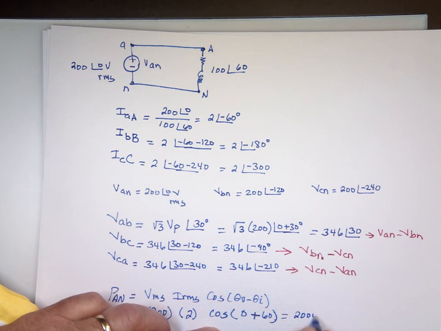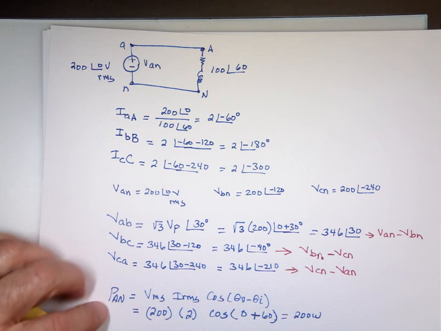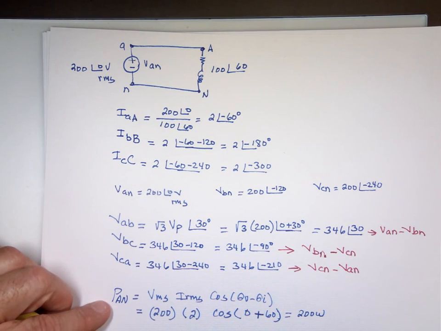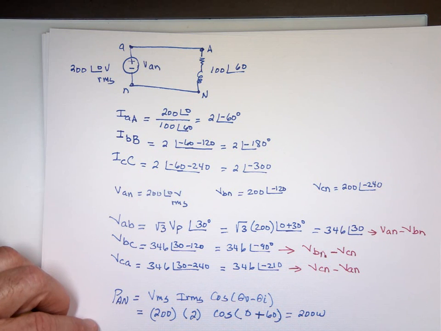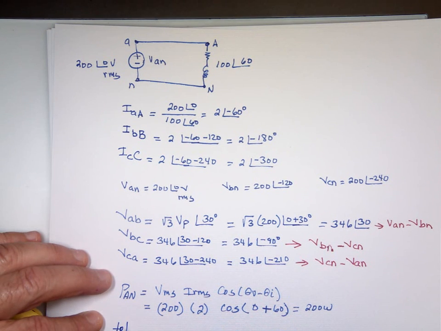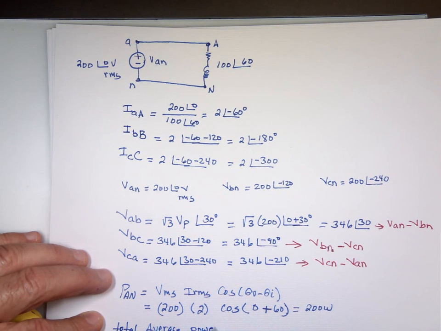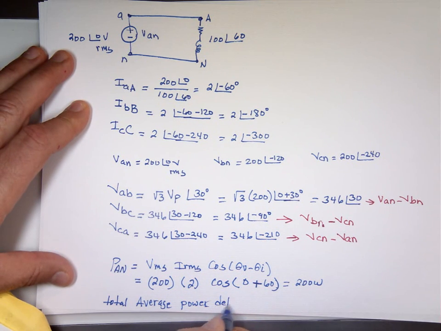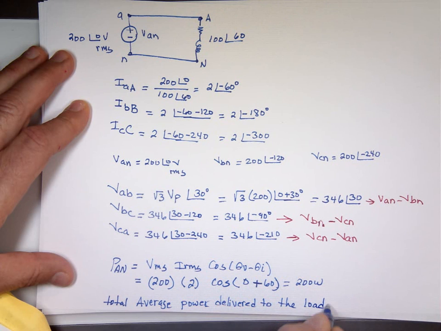What do you think the average power absorbed by BN and CN is? 200 watts. So if you want the total average power delivered to the load, it will be 3 times, we have a 3-phase, 3 times 200, which is 600 watts.